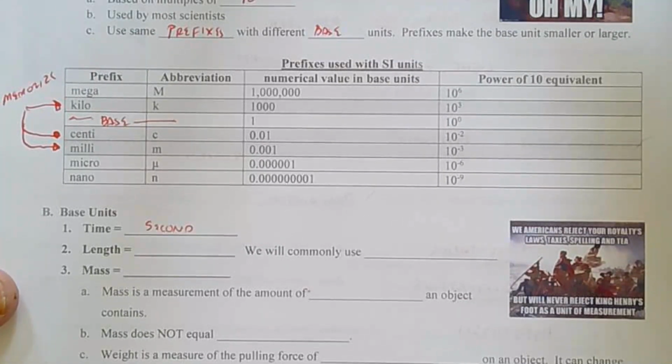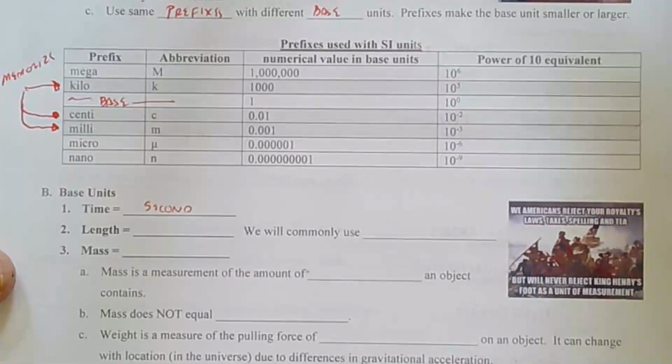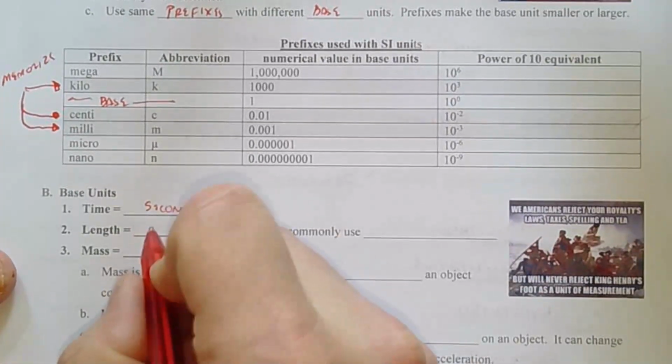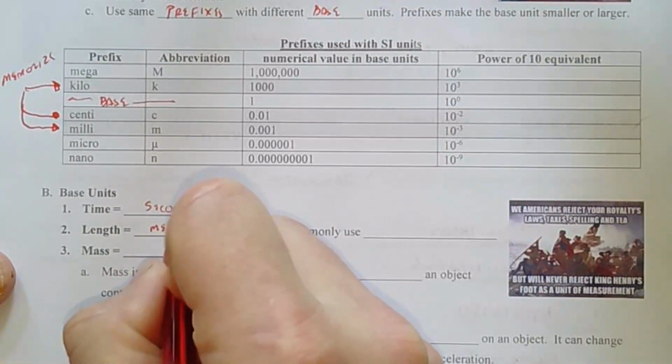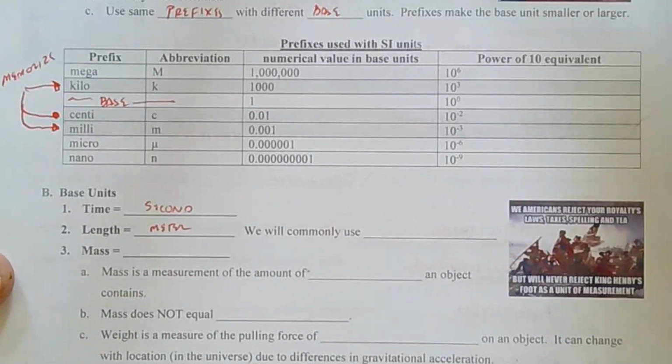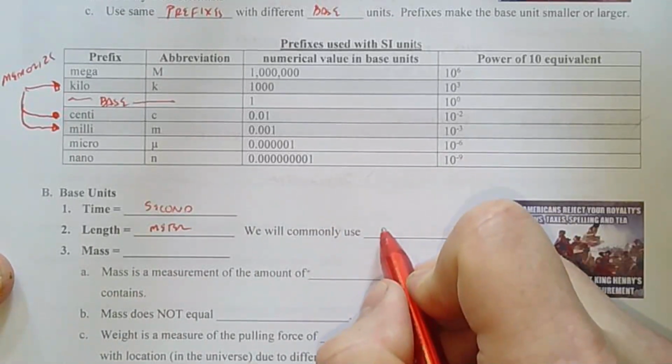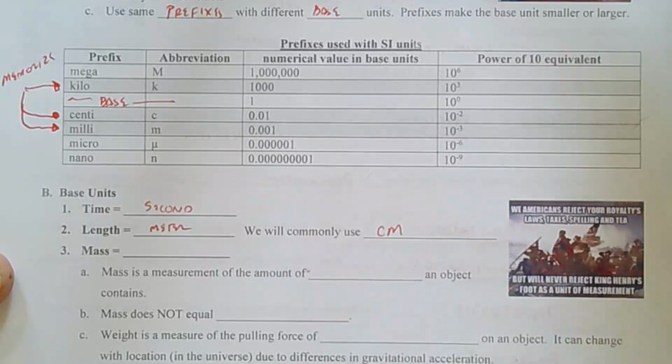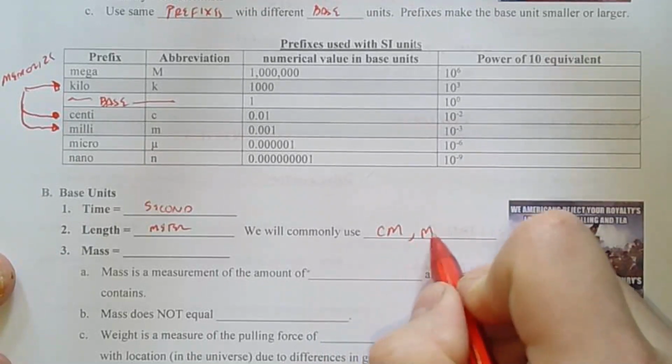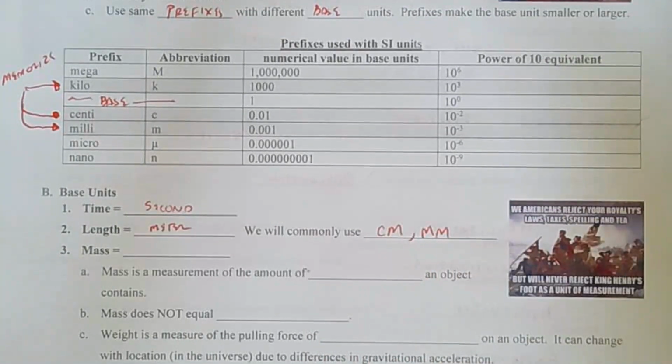The base unit for length is the meter. However, we will commonly use the centimeter or possibly the millimeter, because the meter is kind of big. And most of the stuff we're going to be doing in our class, if we're doing a lab that involves lengths, they're going to be somewhat smaller. They're going to be centimeter type of quantities or millimeter type of quantities.